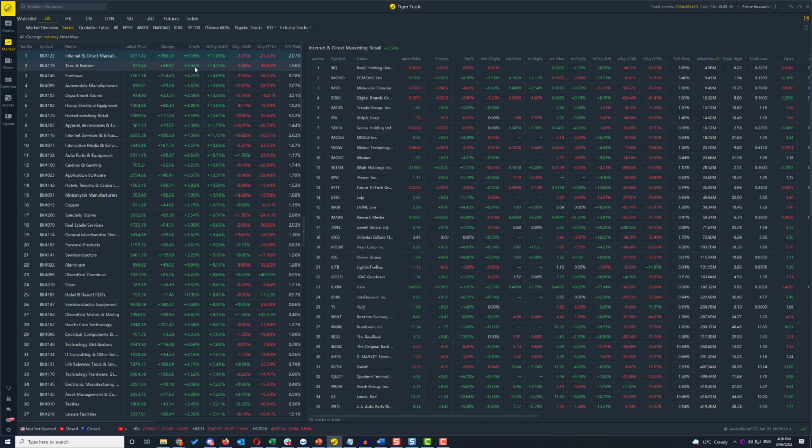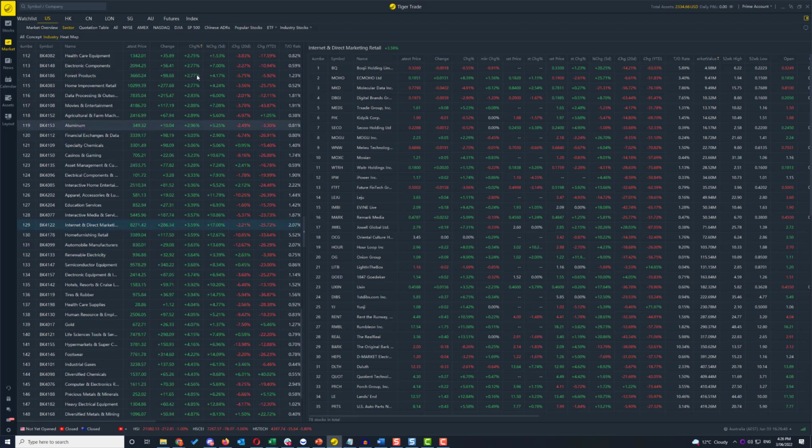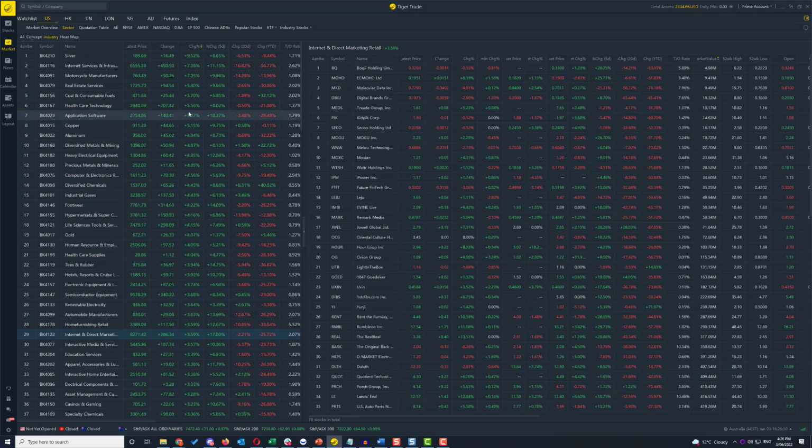If we click here, you can see internet and direct marketing up 17% over the 5-day interim. We already know it had one of the best days over the last 24 hours, but this had already been flowing for a while. There were others as well, silver having a massive breakout and movement, copper having a massive breakout and movement, and being able to spot this within a platform is really helpful.